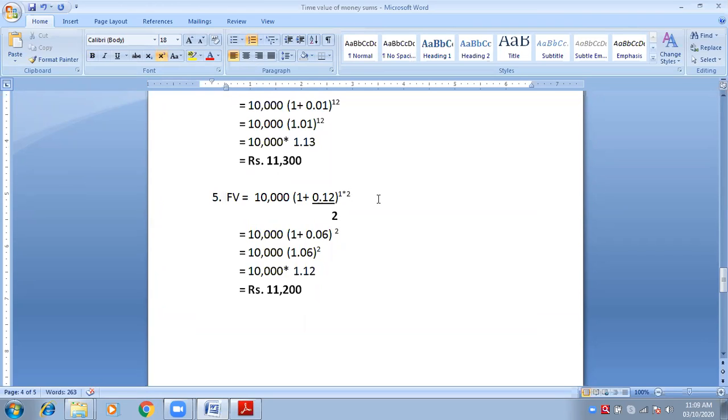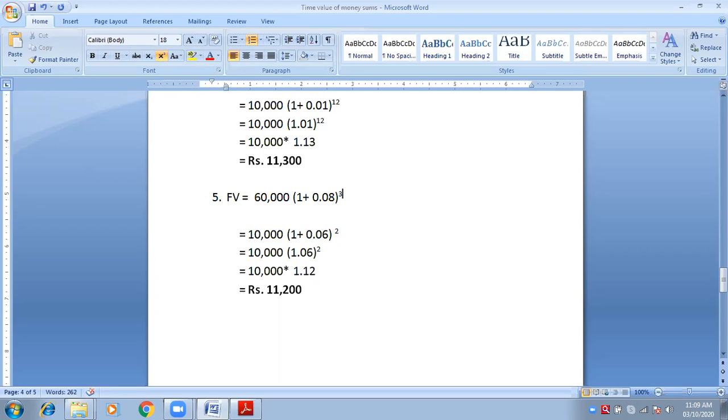Now, tell me what is the present value? 60,000. What is the rate of interest? 8%, so 0.08. And for how many years you are investing? 3.